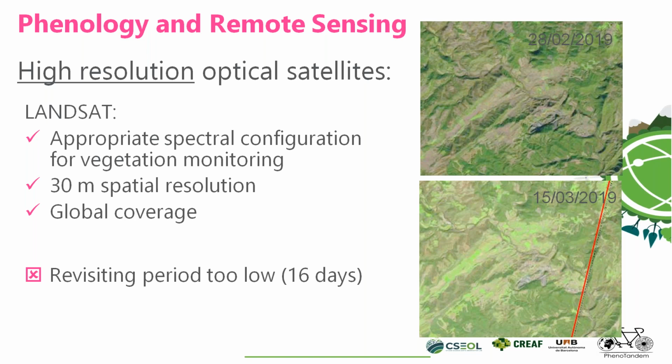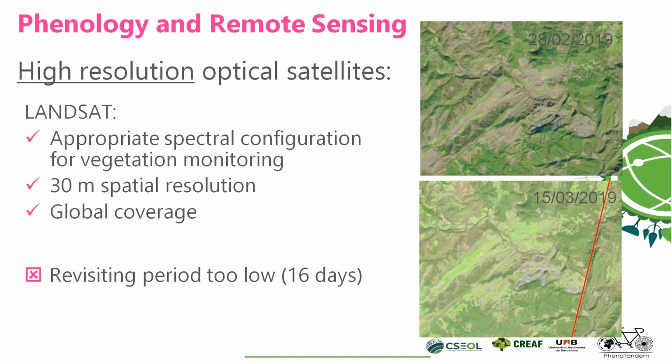species. If you go for satellites with higher resolution, with the hope to be able to do that with more detail, you have the problem, or you had the problem in Landsat, that the revisiting period was too low. And if you have 16 days and clouds in the middle, you really miss your opportunity most of the time.